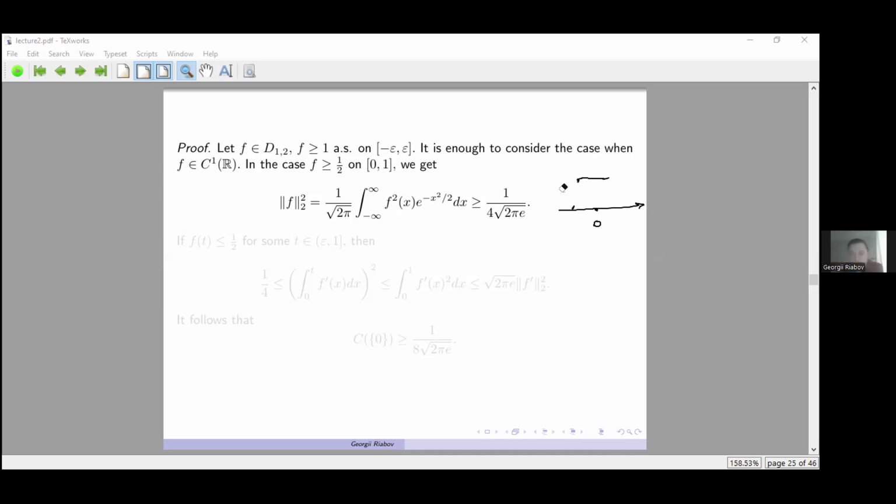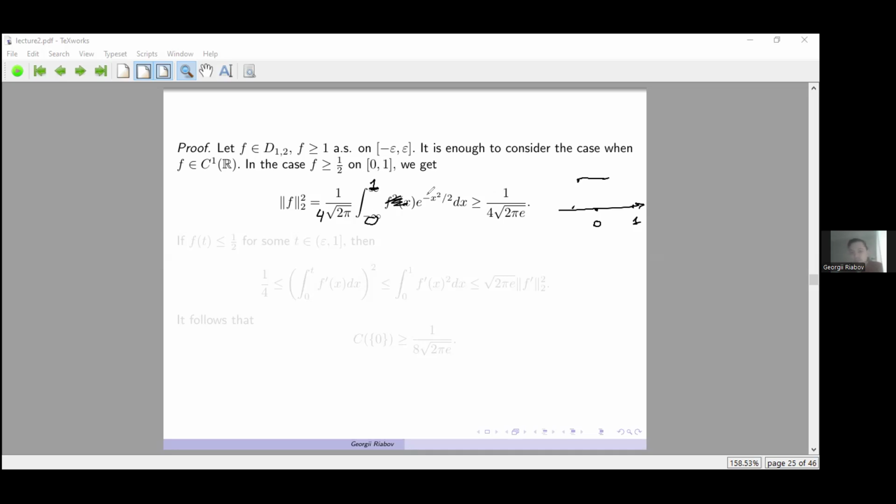And to make this formal, consider the segment from 0 to 1 and consider the case when the function f is greater or equal to 1/2. In this case, its L2 norm cannot be too small. I mean that if we restrict the integral from 0 to 1, then we estimate f squared by 1/4.